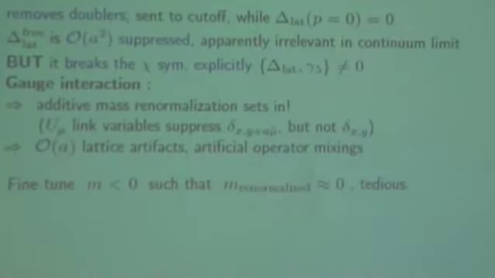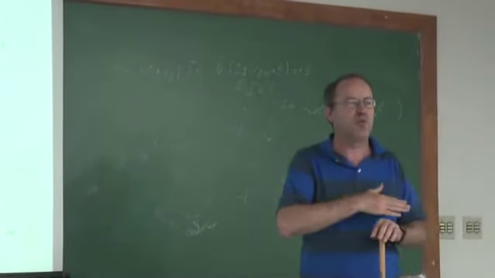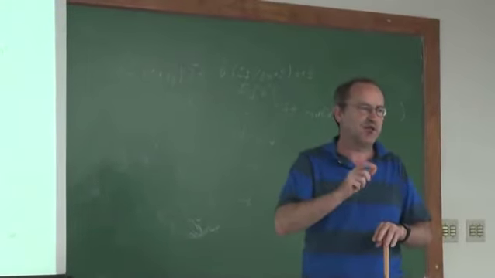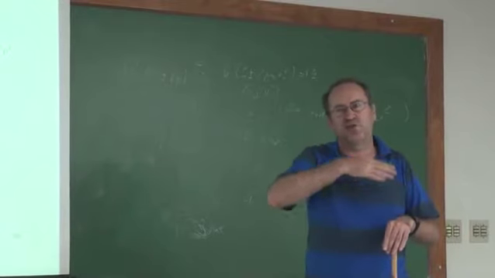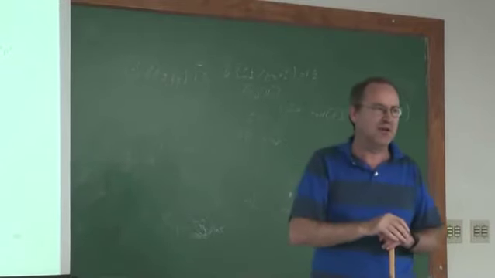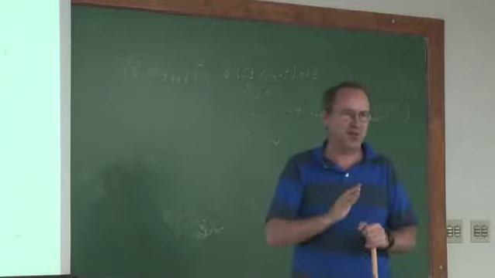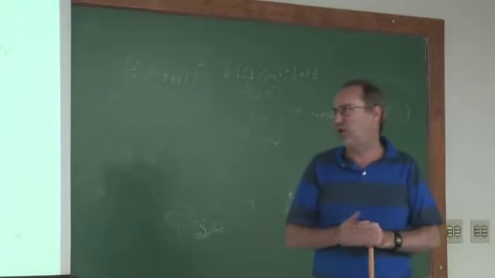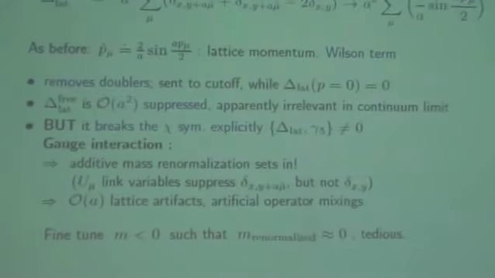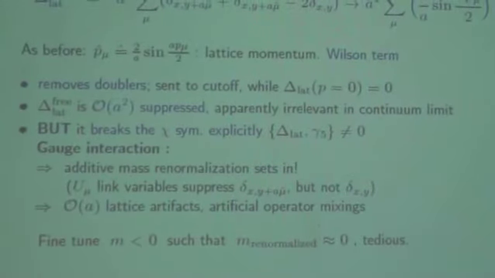So if we want to simulate massless quarks, we have to start maybe with some negative bare quark mass and try and tune that such that after the renormalization it's getting close to 0. This is a tedious business, it's only approximate, and then every time you change the gauge coupling you have to restart again. So this is certainly a severe disadvantage here.